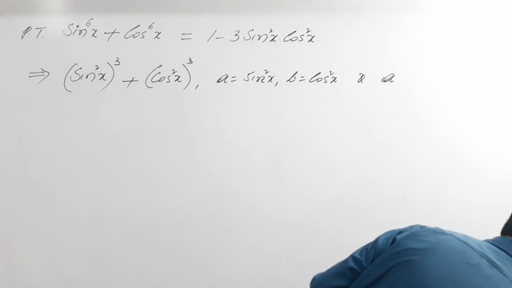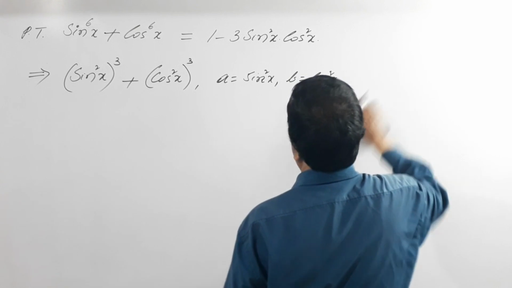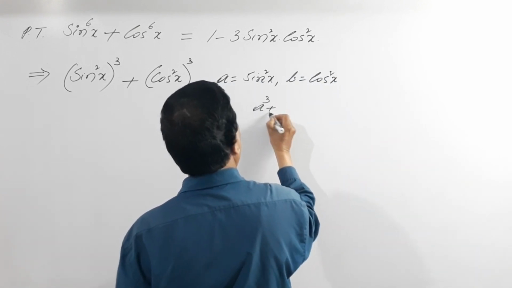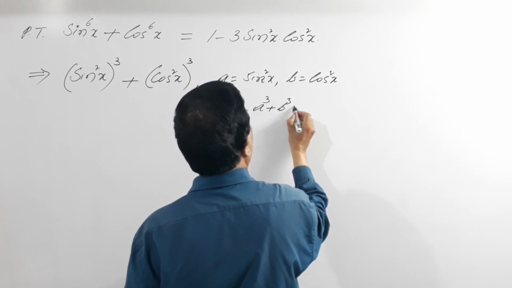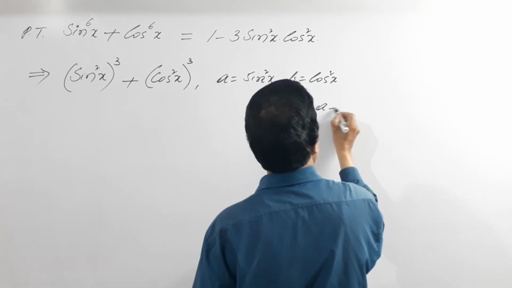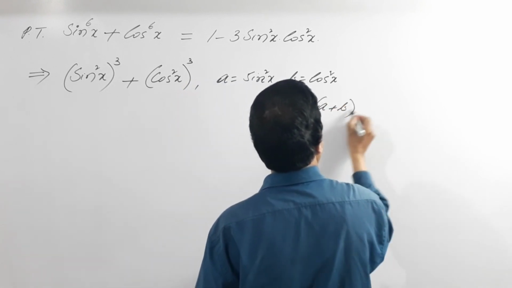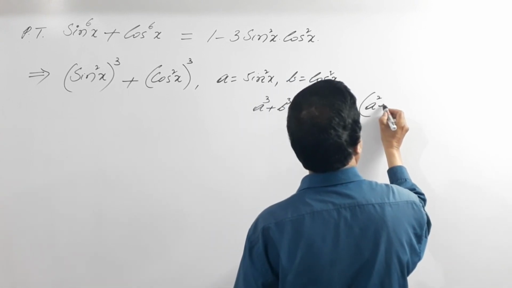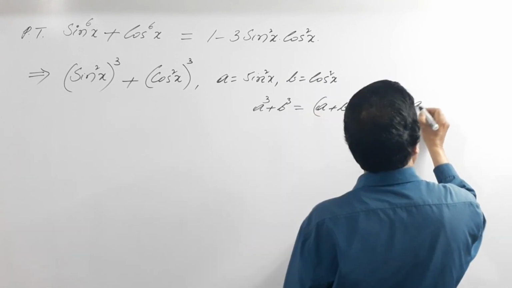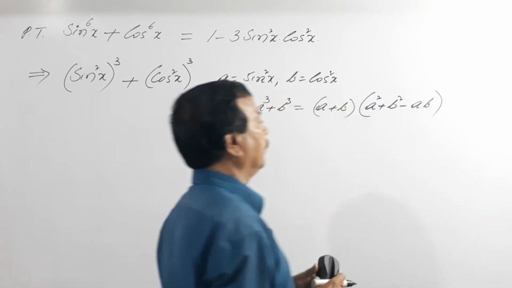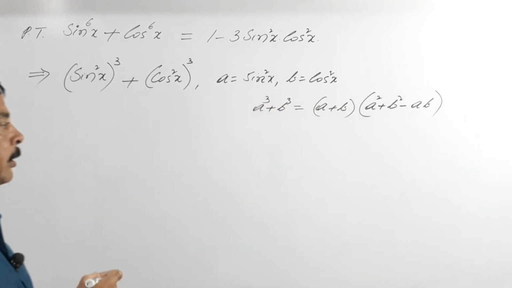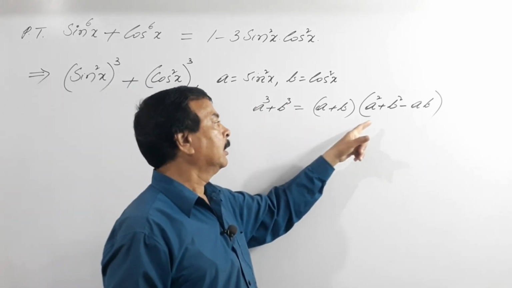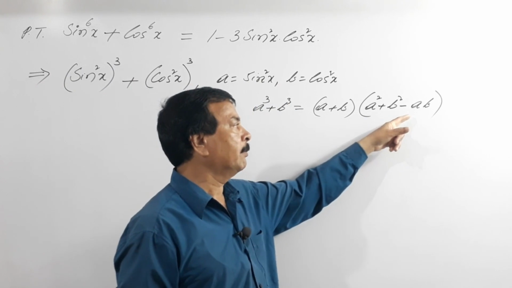And a cube plus b cube equals what? a plus b into a square plus b square minus ab. ये रहा फॉर्मूला, a cube plus b cube का फॉर्मूला: a plus b into a square plus b square minus ab.